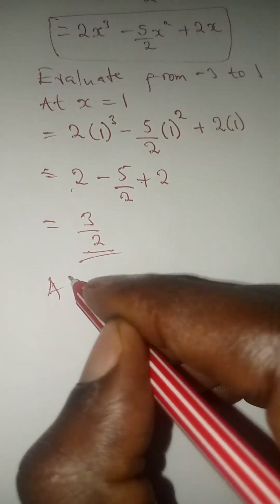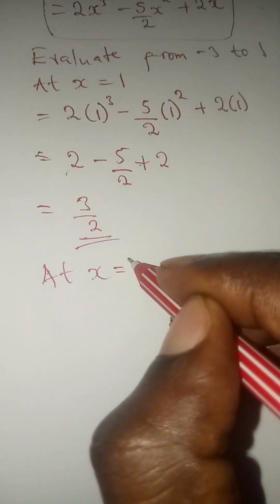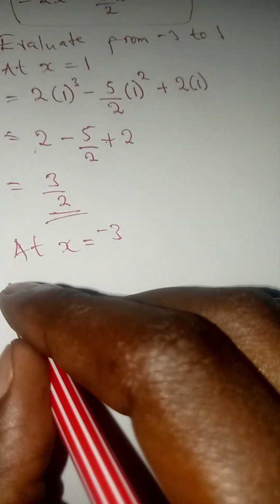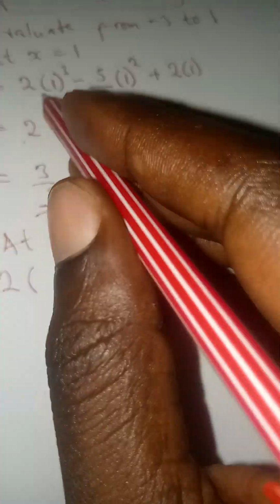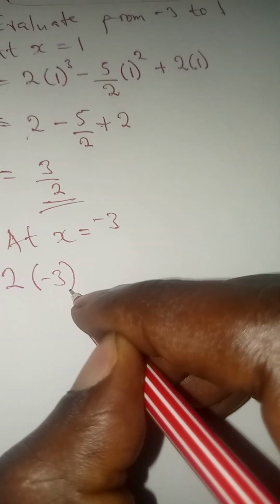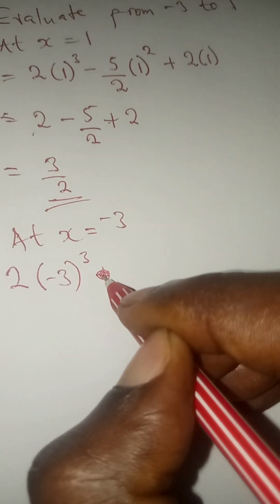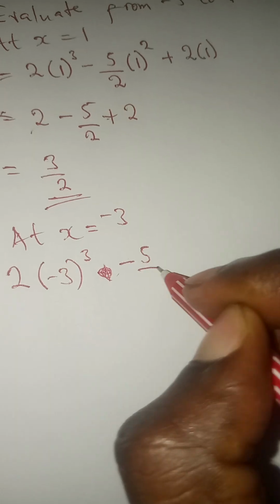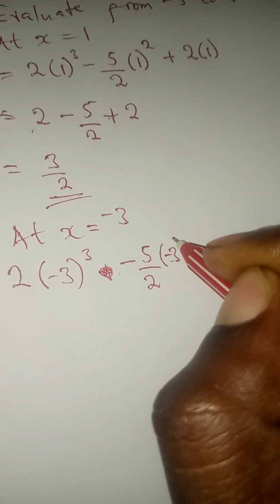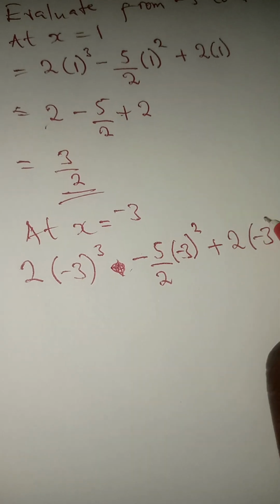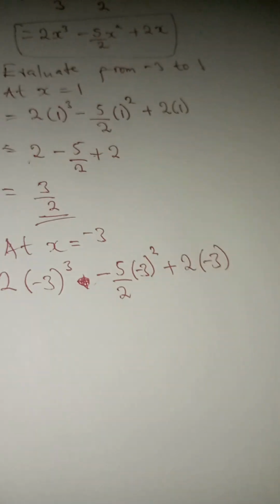Now at x equals negative 3, what is our equation? We do the same thing as here. We put 2 times negative 3 to the power 3, minus 5 over 2 times negative 3 to the power 2, plus 2 times negative 3. This is paper 2, so you can just use your calculator.